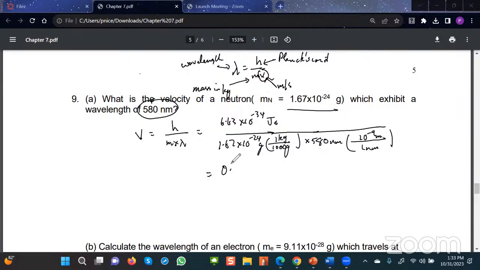Okay, I'm confident of this answer, which is 0.68. And what are the units? The units will be meters per second.